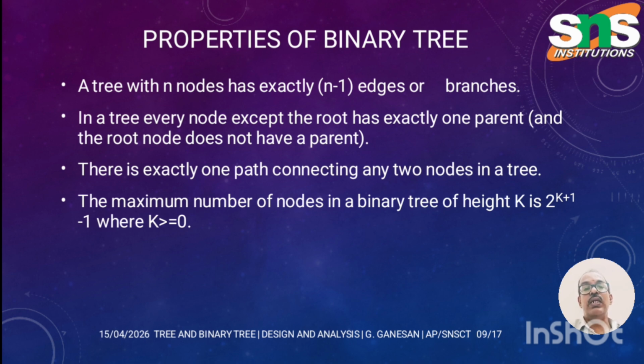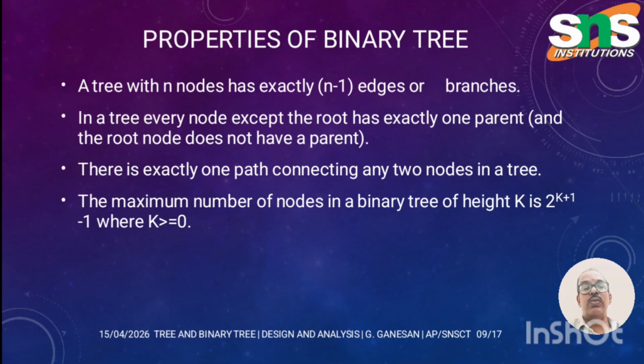All the nodes in the tree except the root node have only one parent and a maximum of two children. There is also exactly one path connecting the nodes of the tree. Each node is connected with another node with exactly one path, only one path.